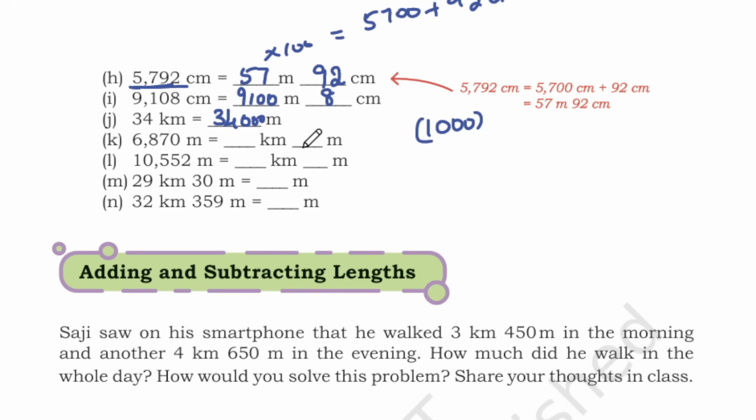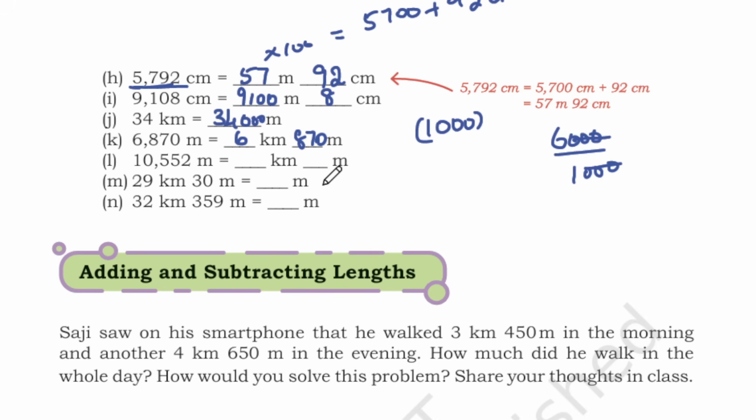Okay, next, meter to kilometer. What do you have to do? Very easy, you have to divide, students. So this one, we have 6,000 divided by 1000. These three zeros you can cut. So you are getting 6 kilometers, and this one is 870 meters.